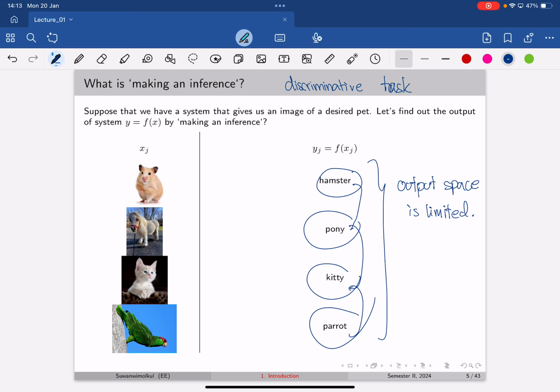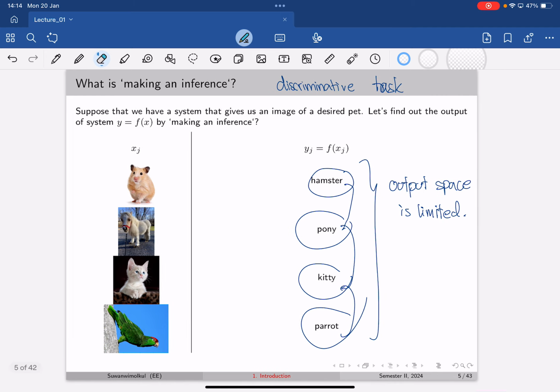This may be slightly different for a regression task, where you have a price of a house. It could be a more continuous price, but usually the range is limited. It's still considered discriminative because you are discriminating what the output could be. Given an input, you are discriminating what the output could be. So these are common properties of the discriminative model.